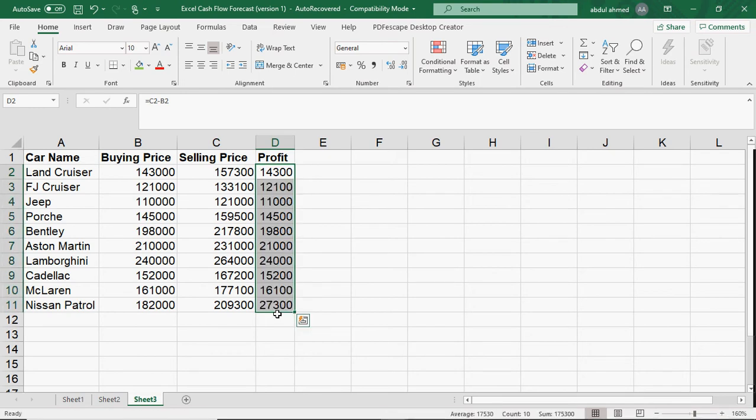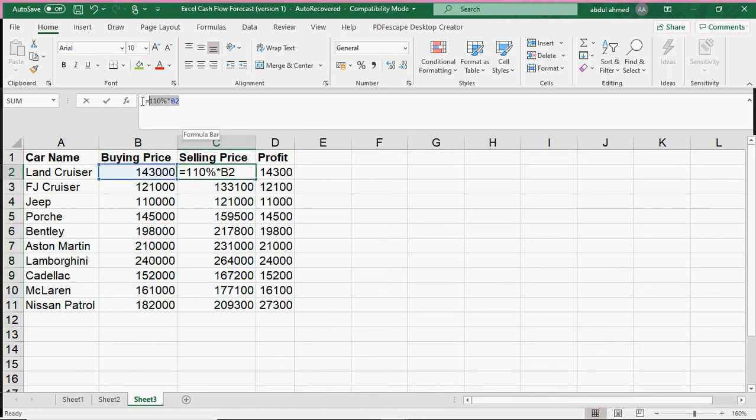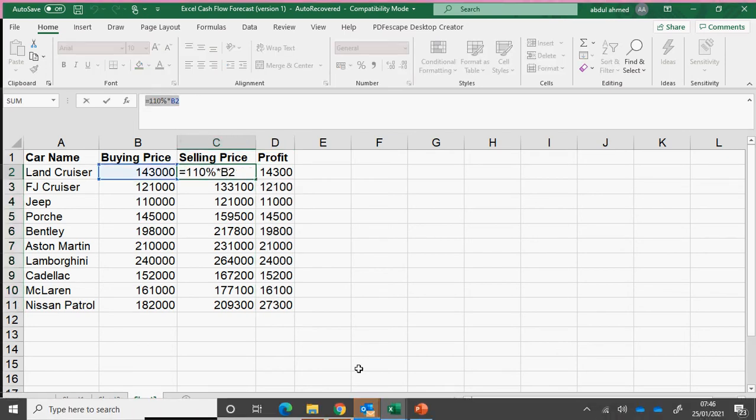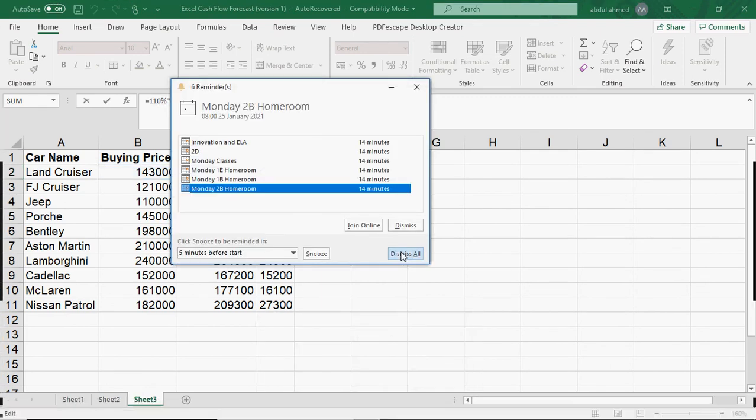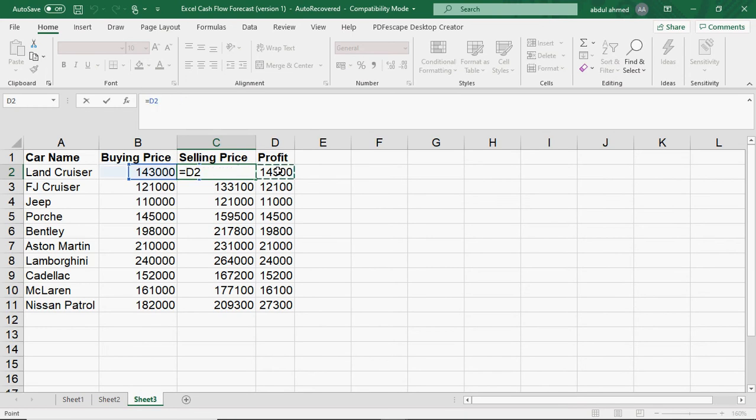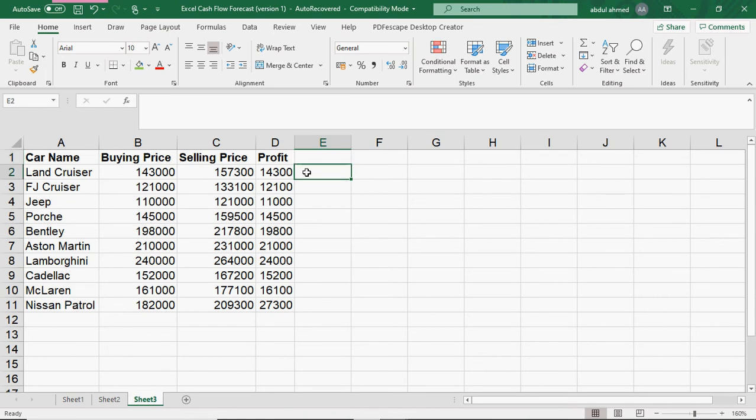So you could see that these selling prices were calculated using a formula. The profit was also found using a formula. Now we need to find out, just visually and quickly, did we make a bigger profit or a low profit, a high or low?